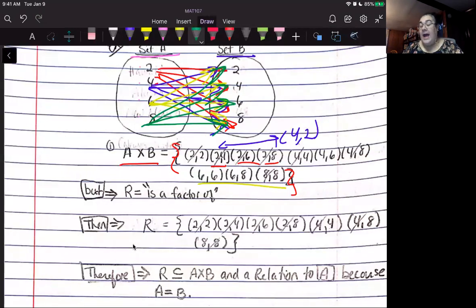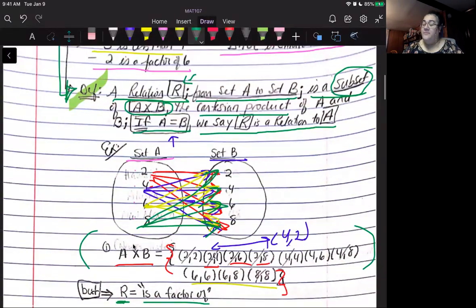Now, out of the Cartesian product, we are going to take our relation, okay? In this case, we're going to say that our relation is called "is a factor of." In other words, that's what's going to determine which of these cross products we're going to pull out to put into this new set called the relation. That's why the definition says that R is always a subset, okay?